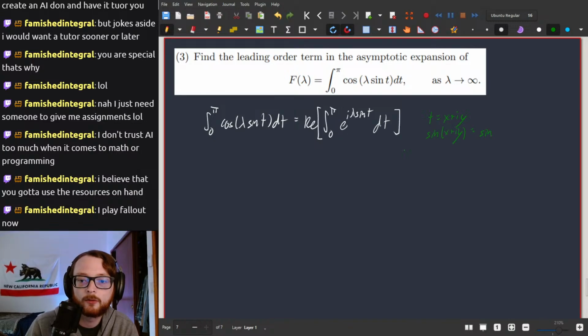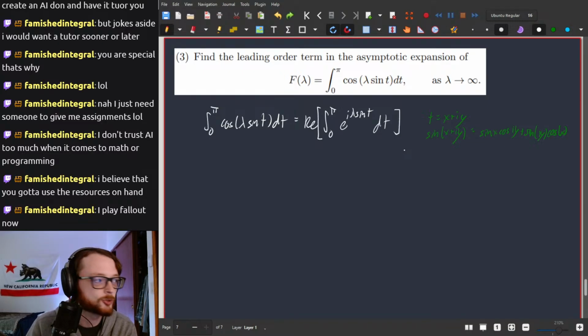It's equal to sine x cosine iy, plus sine iy cosine x. And this should be cosh.